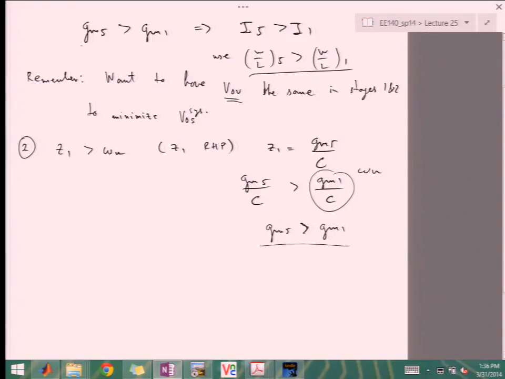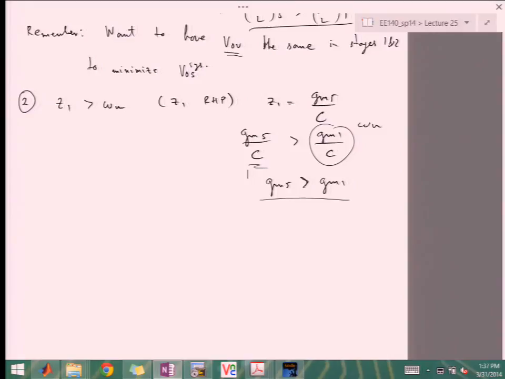That's the same condition as we have on the pole. Now, whether it's a more severe condition depends on the load capacitance, because the second pole was determined by what the C load is, and this zero really only depends on the compensation capacitance.